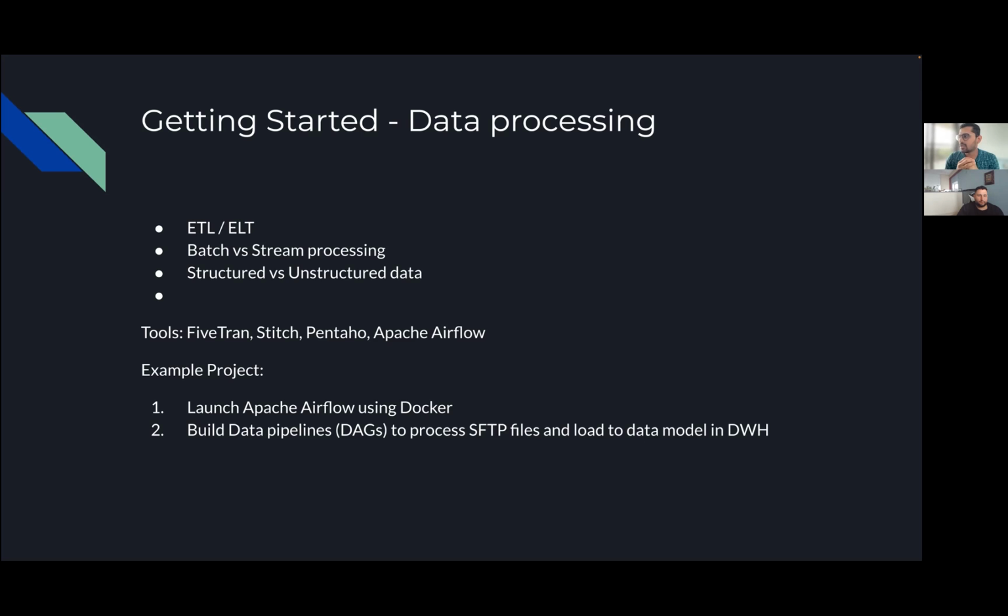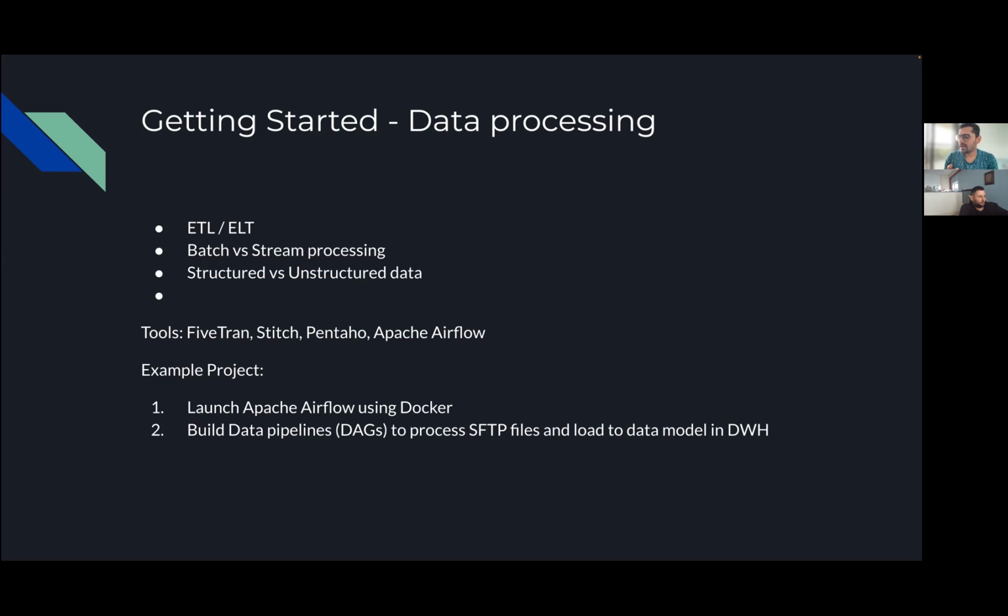There's also the data structure itself that you need to be aware of. There could be structured data, which is a tabular format. If you're ingesting from a database, a Postgres or a MySQL or any of these operational databases, it already has some structure to it, and all you're doing is bringing the data as is into the data warehouse or the data lake as a file.